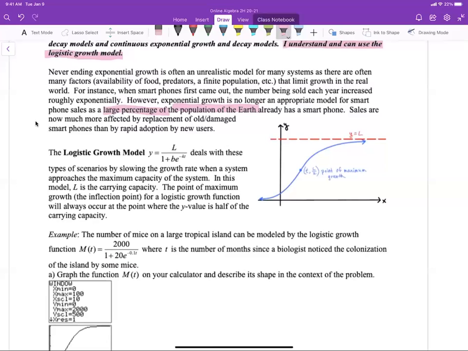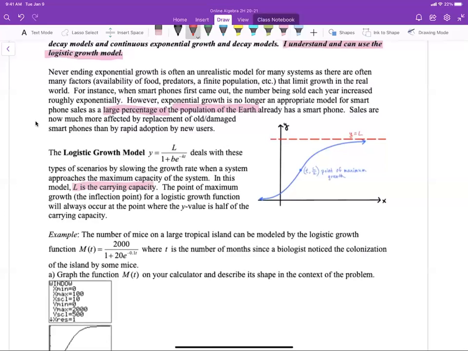This logistic growth model deals with these types of scenarios. They slow the growth rate when the system approaches the maximum capacity of the system. In this model, L is the carrying capacity. It is the maximum amount that we can get to.